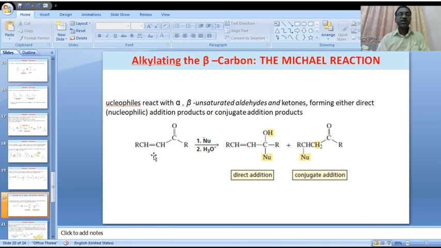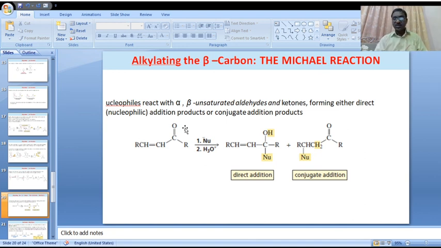Immediately the pi bonded electrons shift to this side, in between the carbonyl carbon and the alpha carbon, and the pi bond is cleaved so that the oxygen atom gets negative. That is called conjugate addition. There is a conjugation, with the pi bonds shifting.